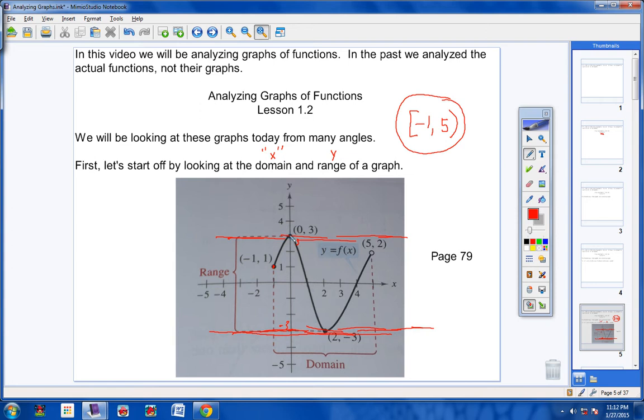Also, notice this point is shaded in. It's inclusive, and this point is shaded in, inclusive. So the range of this graph would be bracket -3, comma, +3, bracket. So the domain ran from -1 to 5, inclusive, non-inclusive. The range ran from -3 to 3. Both are inclusive.